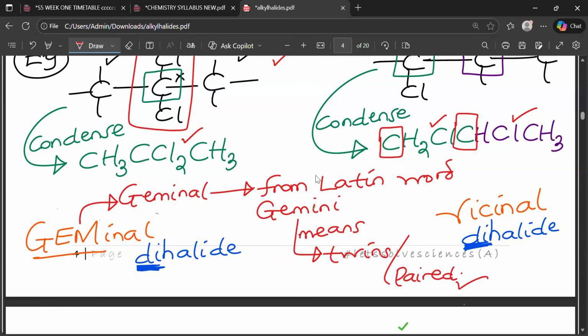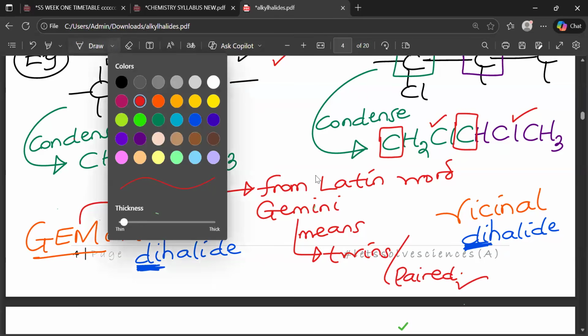So when you see two halo groups on the same carbon, it is a geminal dihalide. When they're on different carbons, but those carbons are adjacent, it is vicinal, period.